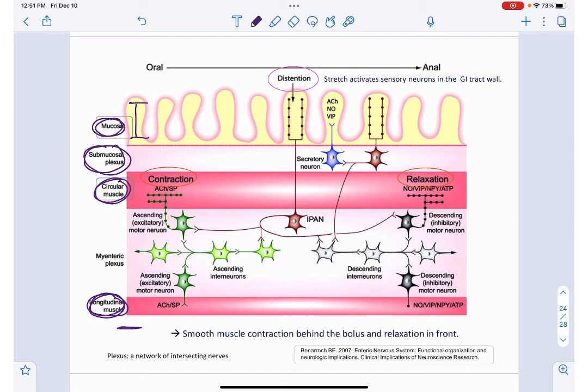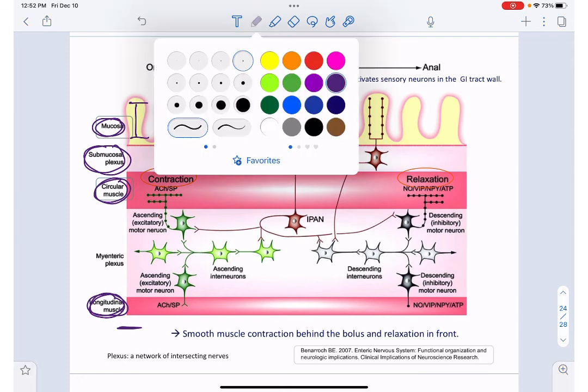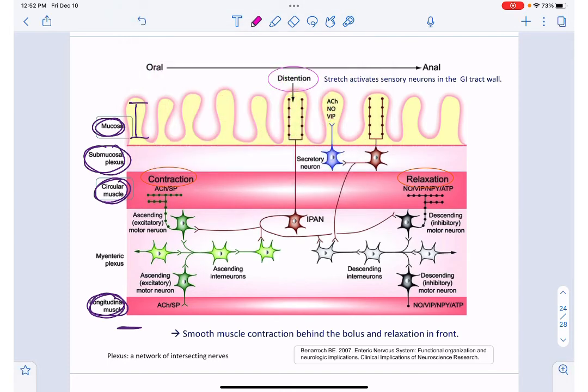But there's basically two locations where we find the majority of neurons for the enteric nervous system. One of those is located in the submucosa, and this is called the submucosal plexus. If I had to define what a plexus is in the context of the nervous system, I would say it's a collection and convergence of neurons. So it's a place where neurons are collecting and converging together. And you can probably look up a more official definition.